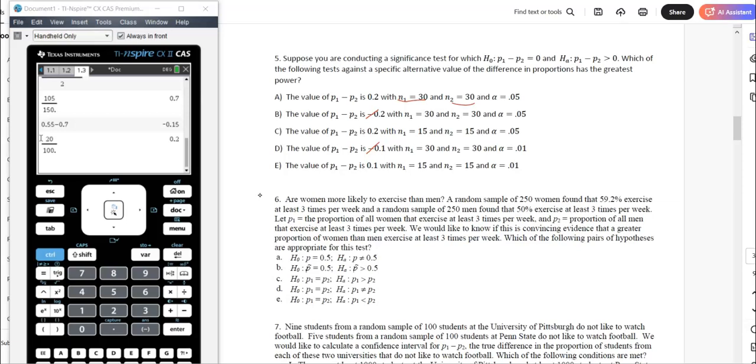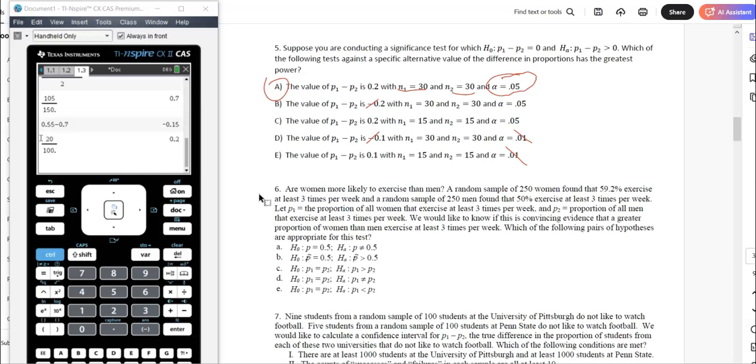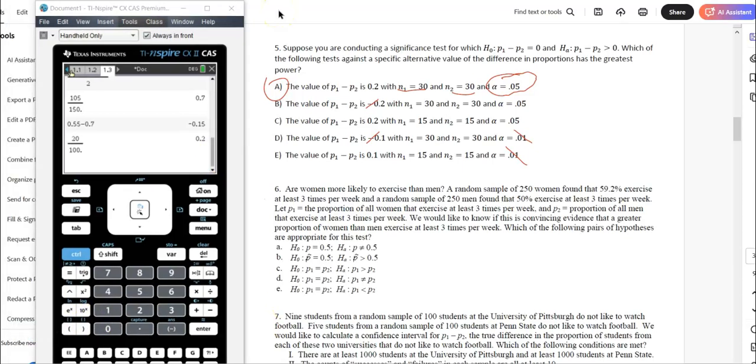And then the alpha level, remember alpha is the type 1 error. If alpha level goes up, power goes up. So we definitely want the larger alpha level. We don't want one of those guys. So I think we want A. Yeah, so larger sample size, I just want to make sure I had that right.